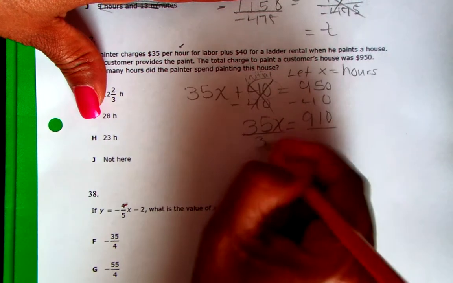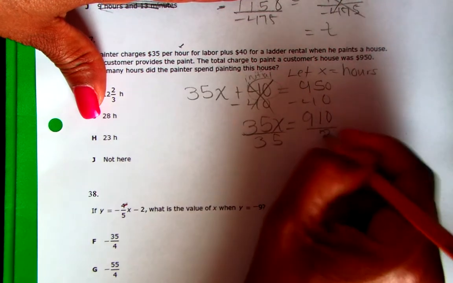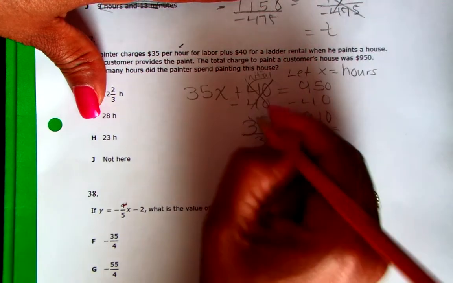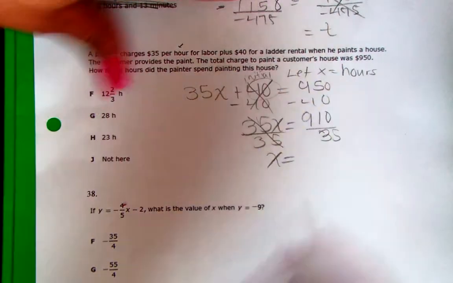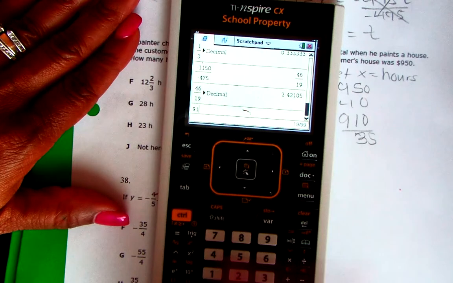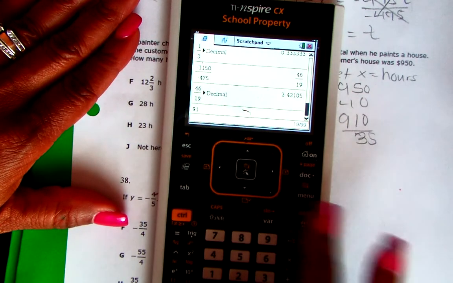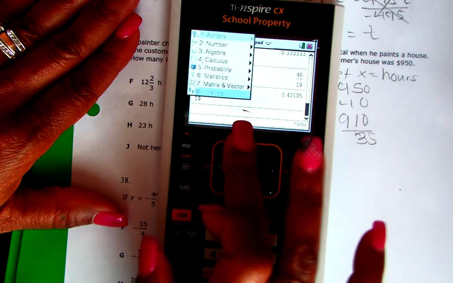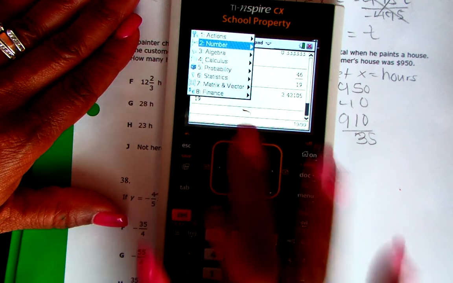Divide both sides by that rate, 35. 35 divided by 35 comes out, so that'll leave me with x equals, get your little friend here and do 910 divided by 35. Let's clear that. Then press menu and go ahead and convert it to a decimal.